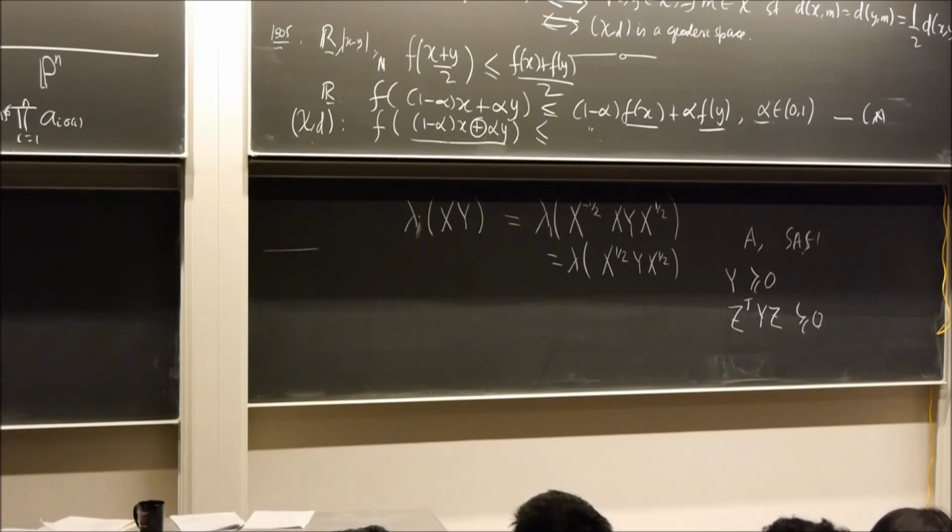Let x1, x2, ..., xn all be strictly positive. Let's define functions. h1 of x is 1 by x. Everybody can prove that it is convex either by calculus or without calculus.